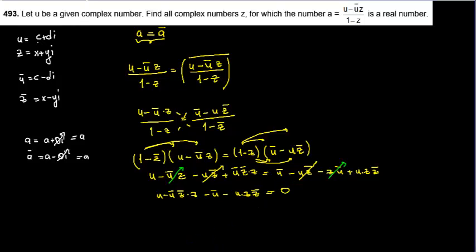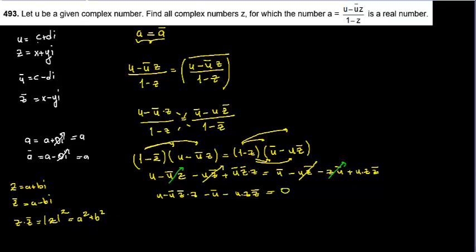Here I need to remind you about z times z conjugate, what it is. If you remember, if z is equal to a plus bi, and z conjugate is equal to a minus bi, then z times z conjugate is equal to the modulus square, and that's equal to a square plus b square.